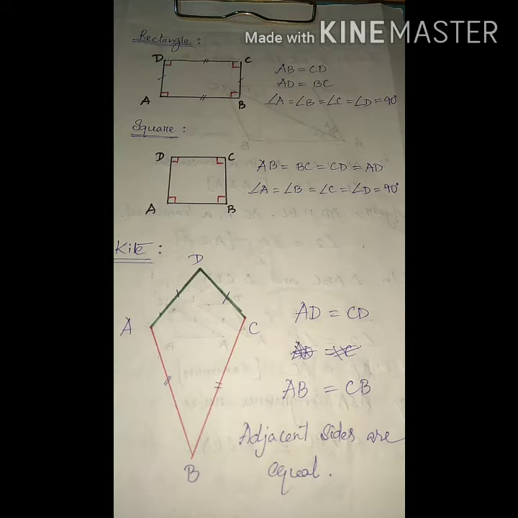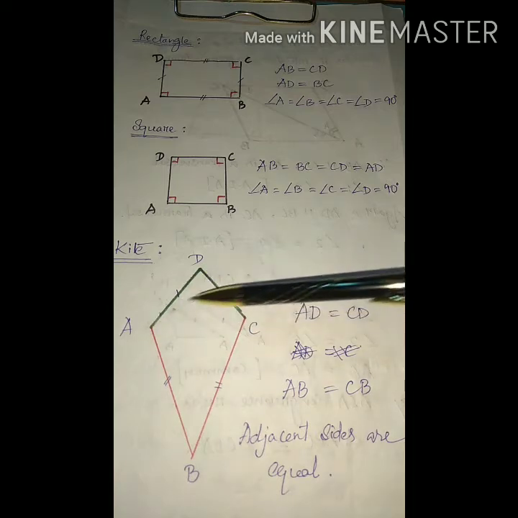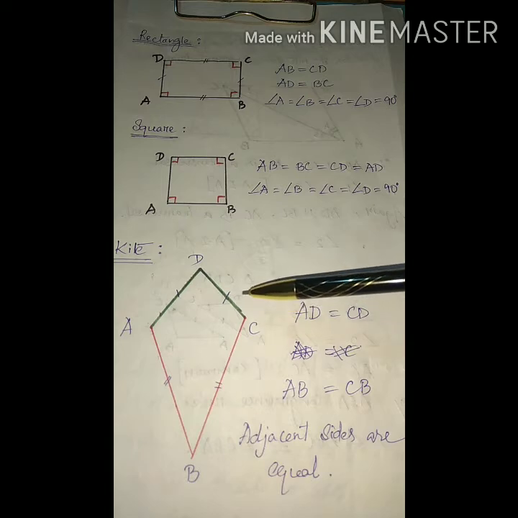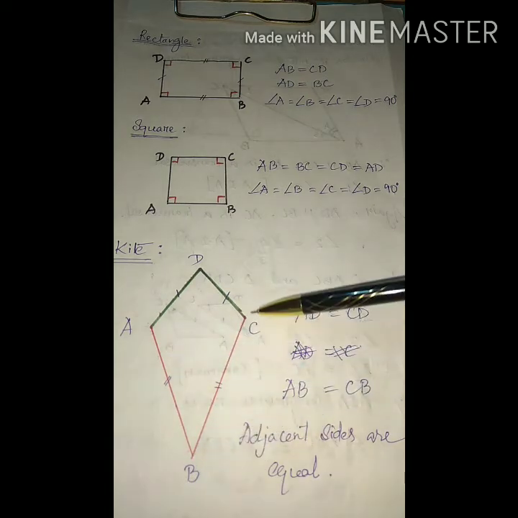And after that, the next one is very important here, the kite. In case of a kite, what we get? The adjacent sides are equal. That means in this case you see AD is equal to CD. Is it clear? Similarly, AB is equal to BC.